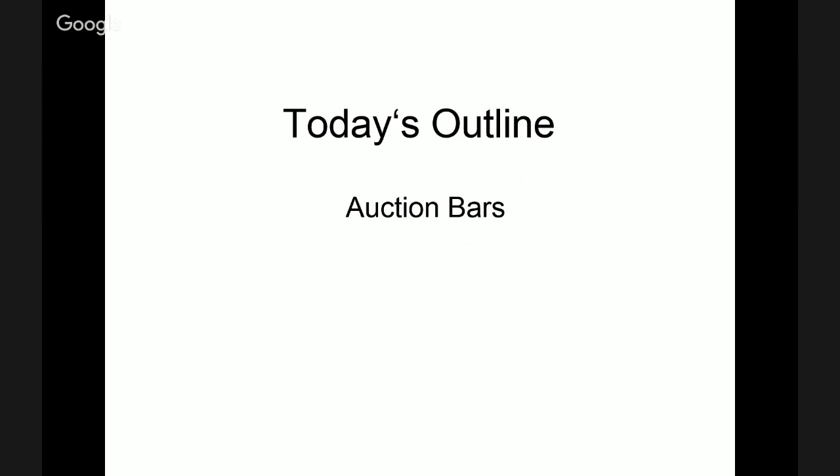All right, so I said the auction bars is our new tool that we're introducing this week. This defines high probability reversal patterns. I'll first go over the basics on what this is all about: key reversals, outside bar reversals, and spike bars.